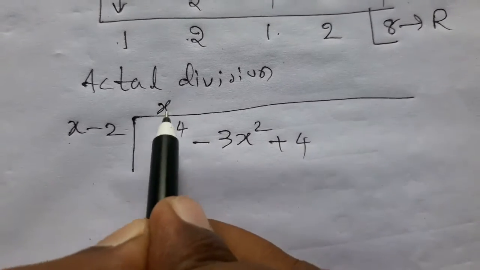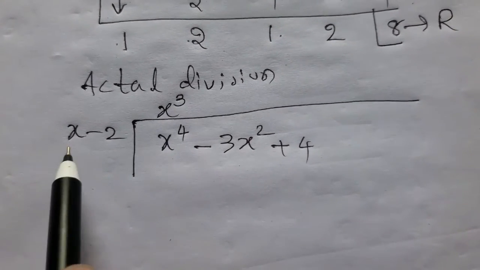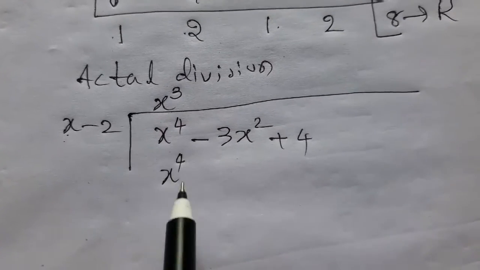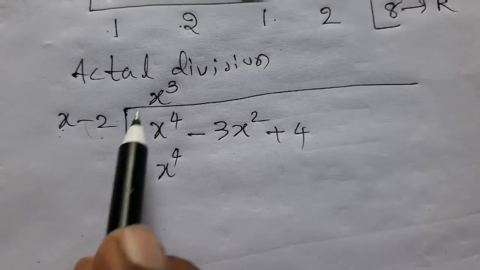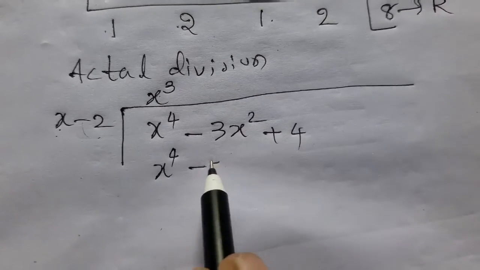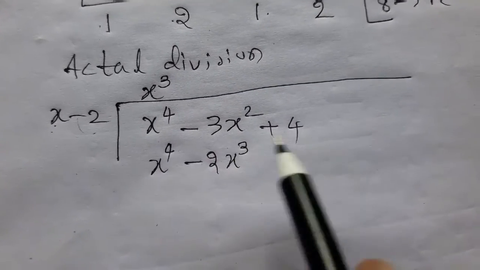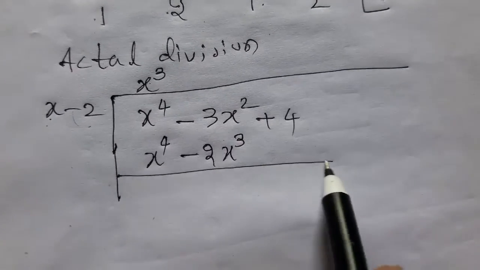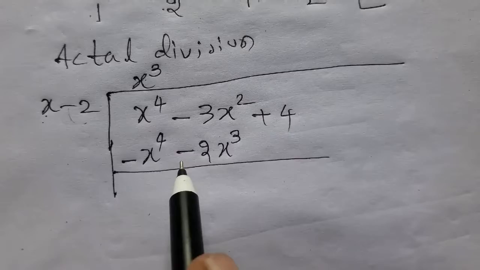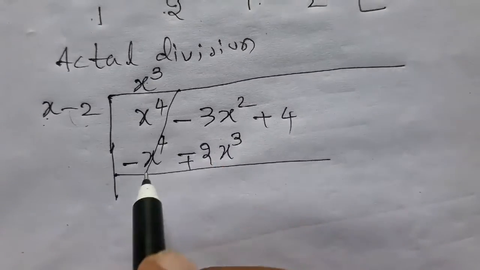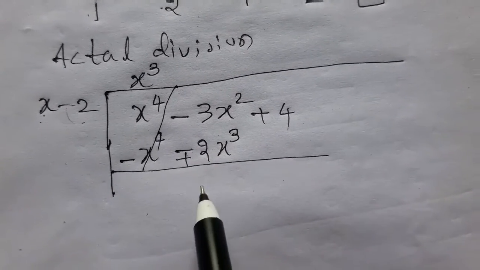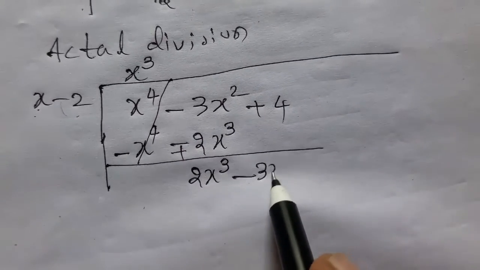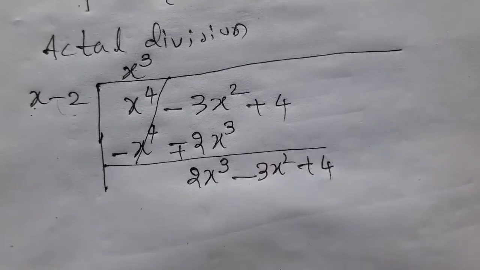We need to take x cube. Why? Here we want x power 4. x into x cube becomes x power 4, isn't it? This minus 2 into this x cube, that means minus 2x cube. Now change the signs, minus to plus. Now this became cancel. Now here is plus 2x cube minus 3x square plus 4, isn't it?